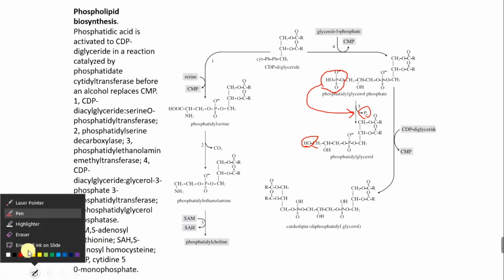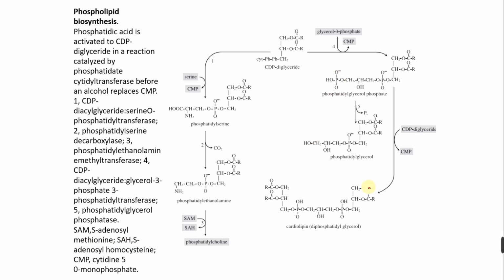Right. The next reaction is the incoming CDP diglyceride. This is not in your syllabus, but anyway, I will show it to you. CDP diglyceride reacts with phosphatidylglycerol, and CMP is liberated from CDP.